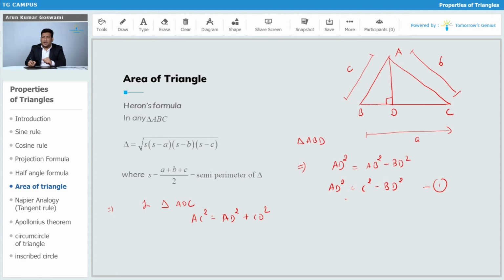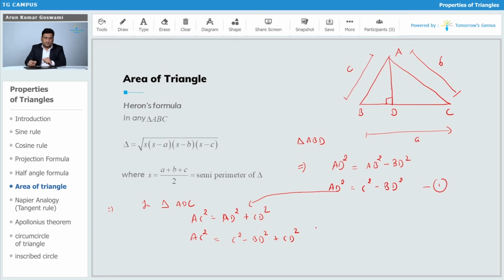Just now we got AD square from the triangle ABD, so with that AD square we can use it in this second equation. So I'll write AC square, and I'm substituting this value here. So what I'll get is c square minus BD square plus CD square.